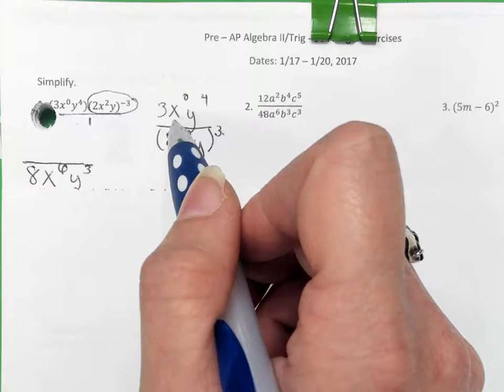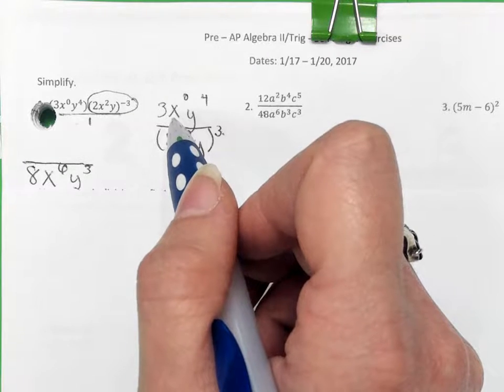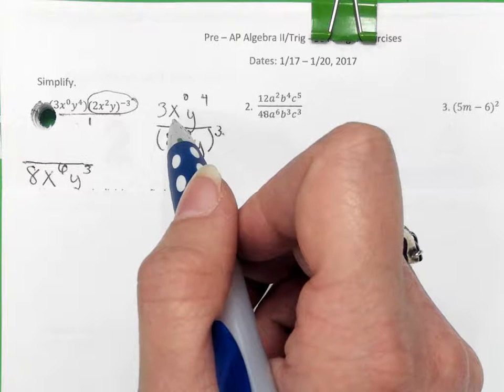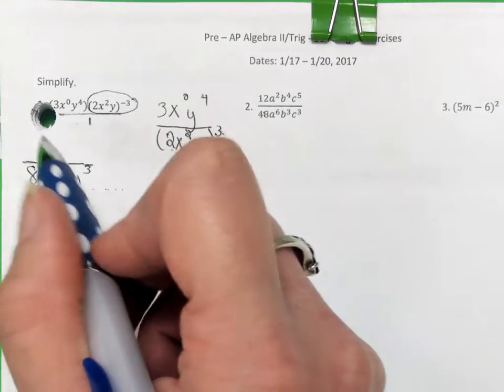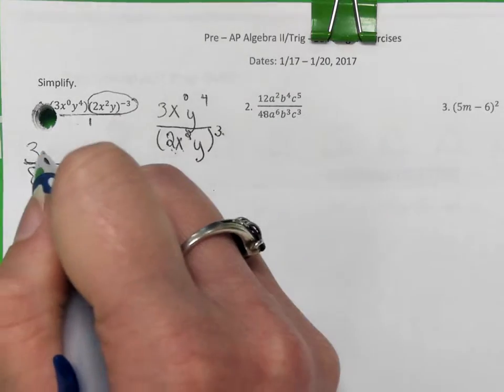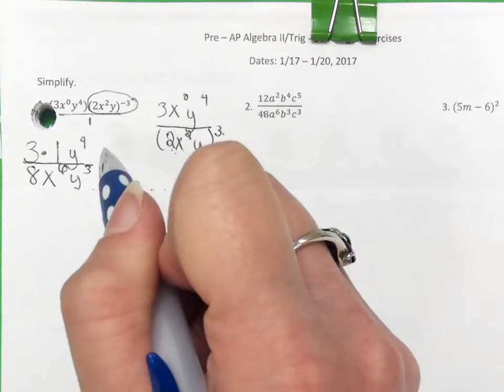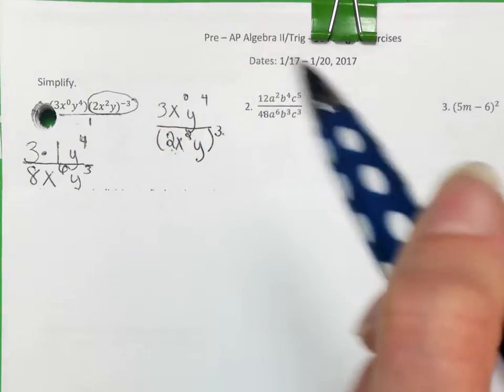What's it become? Anything to the 0 power is what, guys? How much? No. 1. Come on, we have done this like for weeks and weeks and weeks. It's not nothing, because then the whole top would be 0 then.